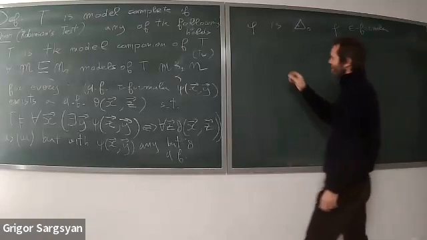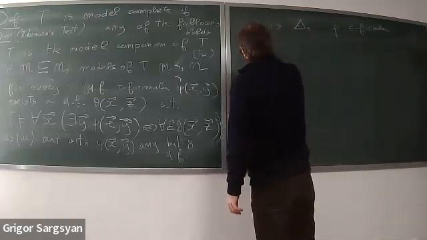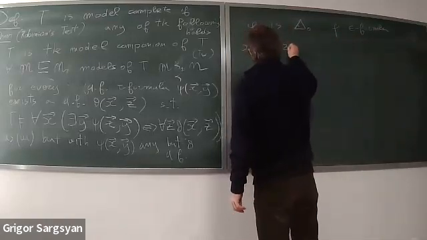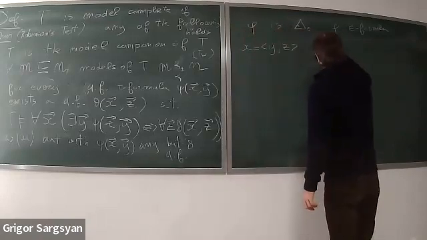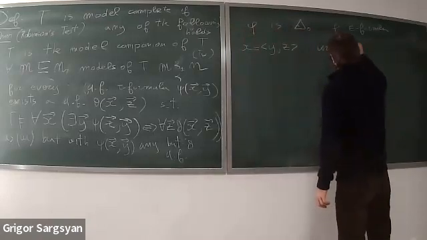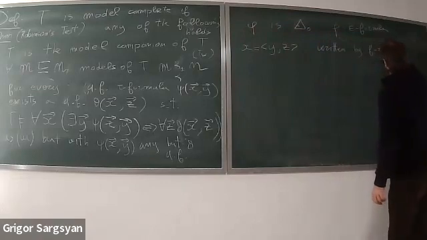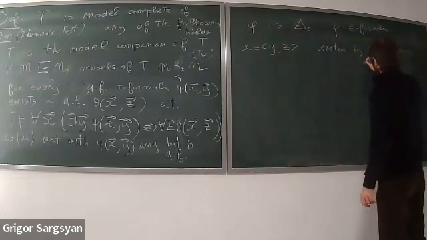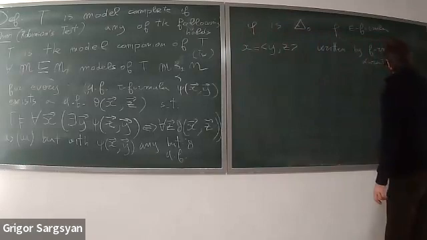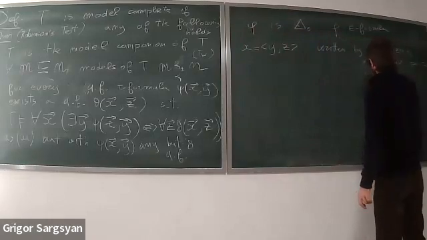So for example, you can check that X equals the pair (Y, Z), written by formalizing the Kuratowski pair, is sigma 2.